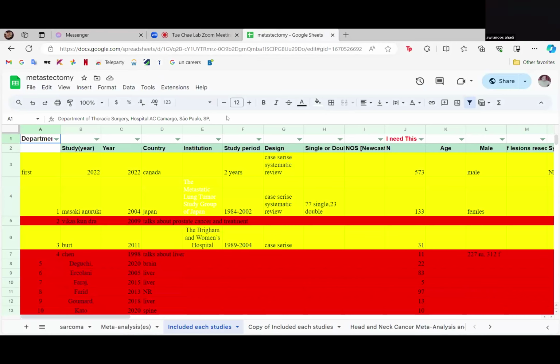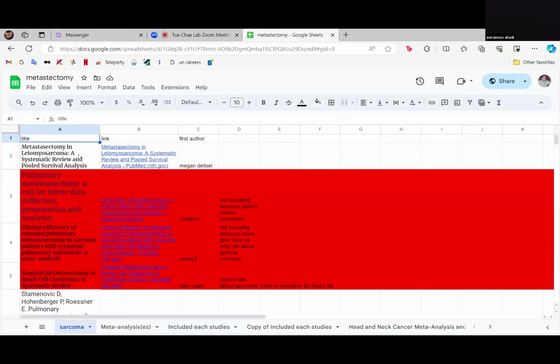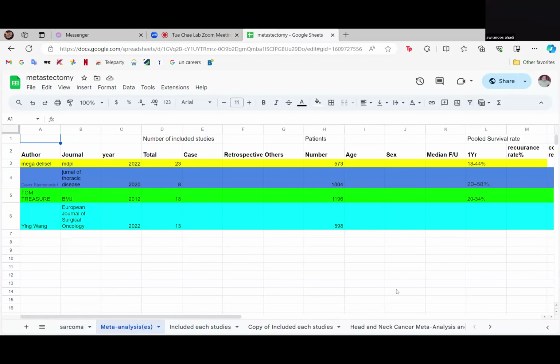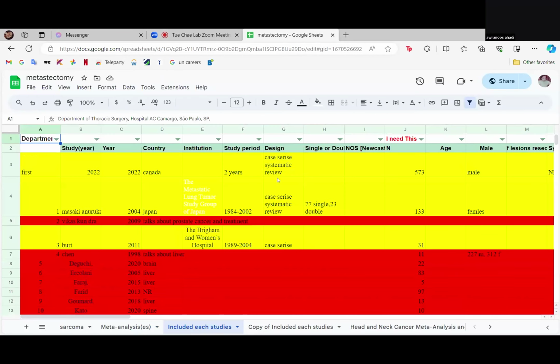Now I can. So Dr. Chae, as you know, Dr. Wu and Brendan and Dr. Liam were working on this study. I was given sarcomas. Initially we had 10 studies, but only four of those were included, and out of these, only one is a meta analysis, and the other three were just systematic reviews.